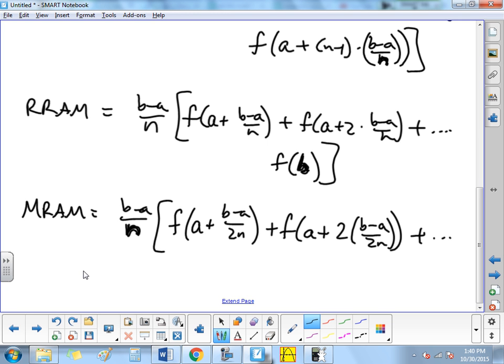Keep going until you reach f of a plus, and basically you have n rectangles, here's b, so this is a plus n minus 1 times b minus a over n.